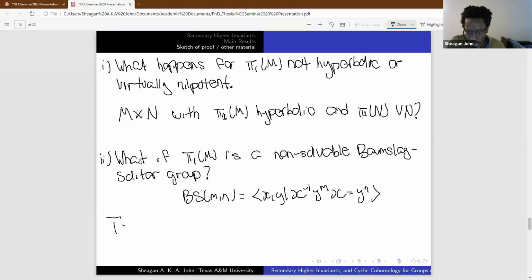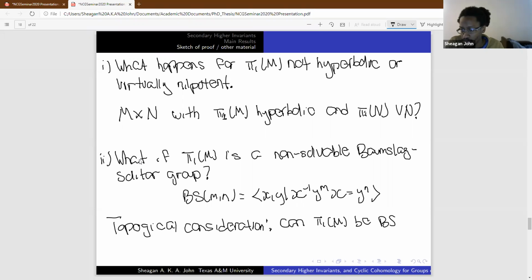And why I say if the question makes any sense is that we do need to ask ourselves the following topological consideration: can pi_1(M) be Baumslag-Solitar, again non-solvable, for M a closed spin manifold? And this to me is not entirely obvious yet.